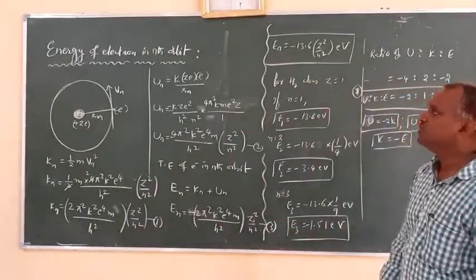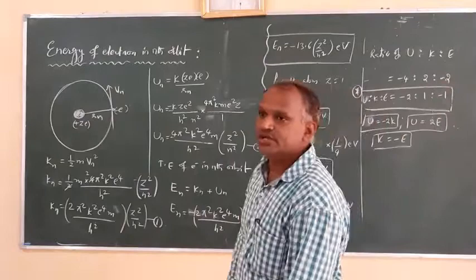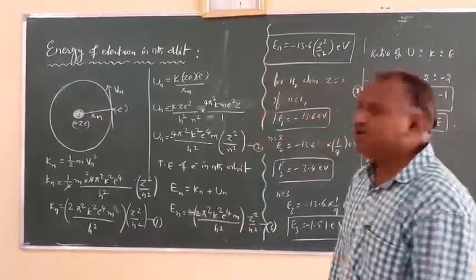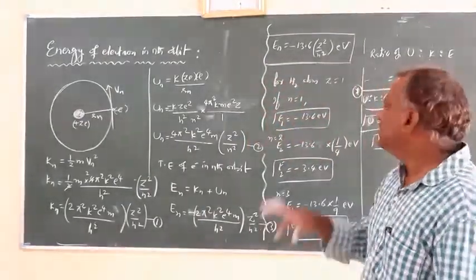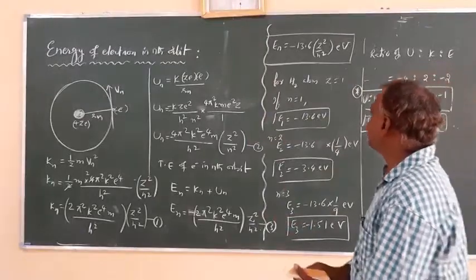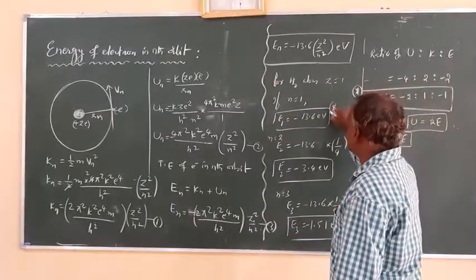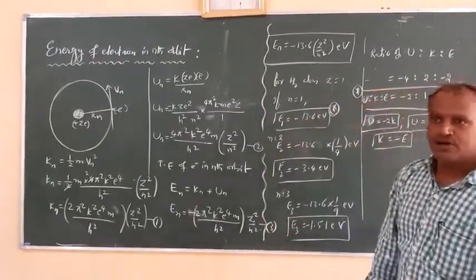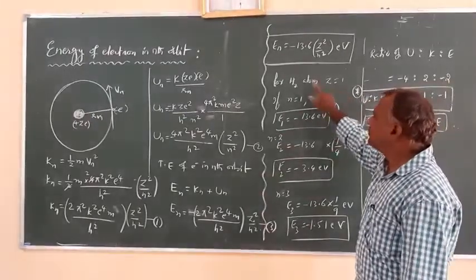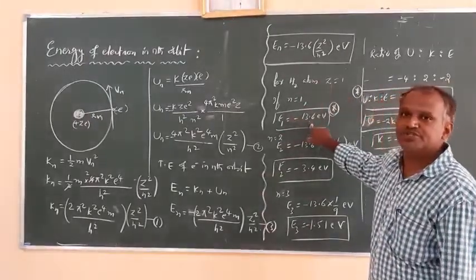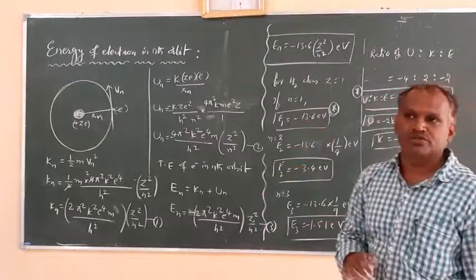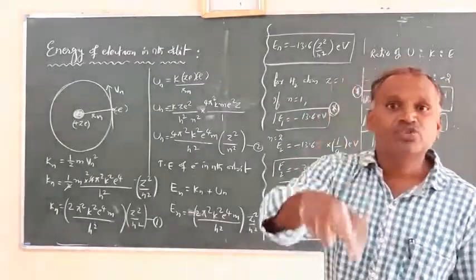Right. So this is the information about the energy of an electron in the nth orbit. The important one is for hydrogen. For hydrogen in the first orbit, how much energy is possessed? -13.6 electron volts. That means the ground state electron.